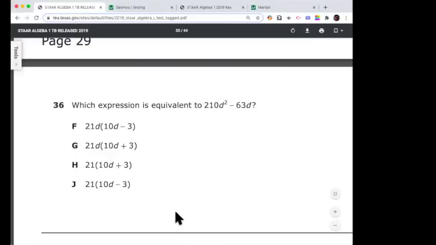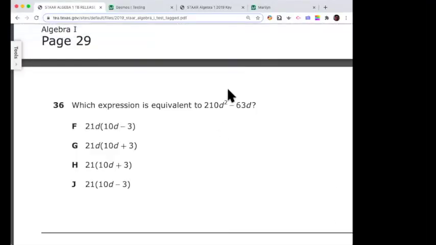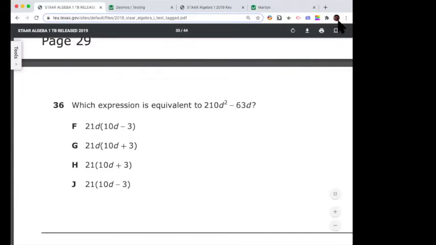The next question asks you, which expression is equivalent to 210d squared minus 63d? So I'm looking at that, and that seems to be a quadratic equation, because we'll take a look at the quadratic equation.